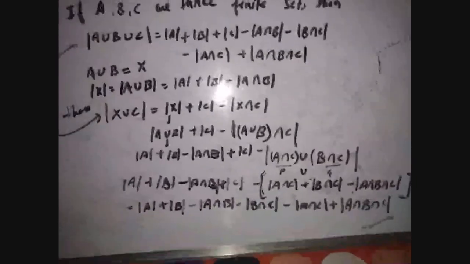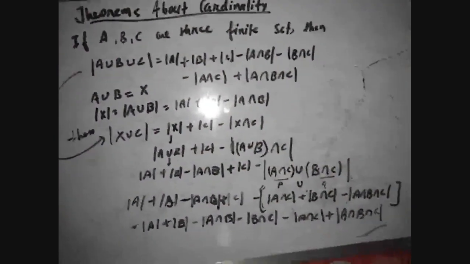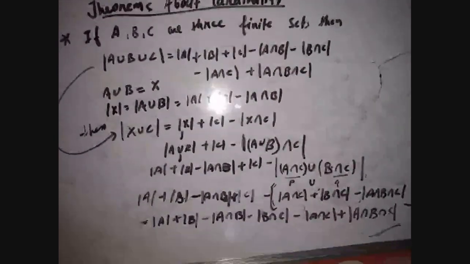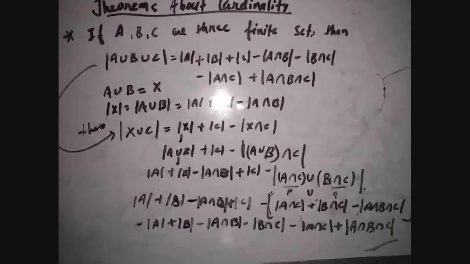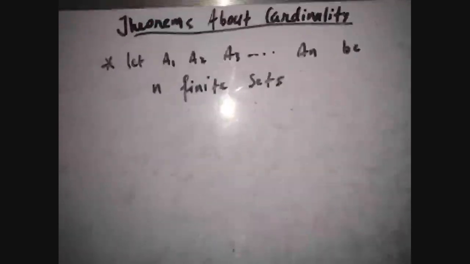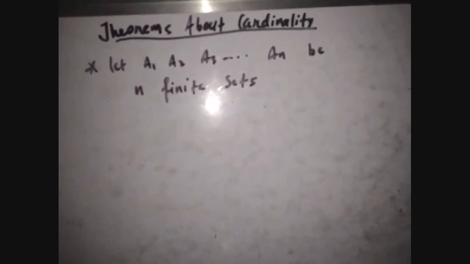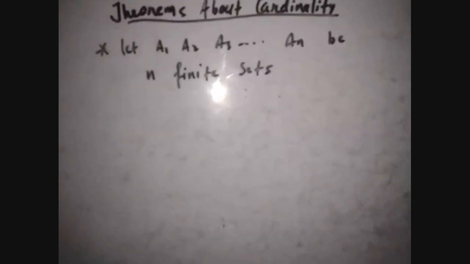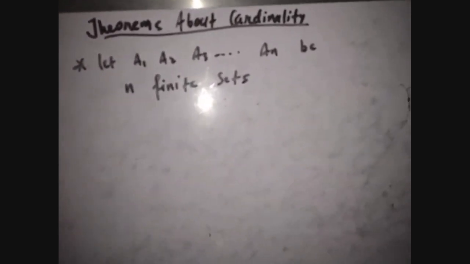By the same means we will prove the cardinality of n sets, see what we get, and generalize this formula. Now we shall prove for n sets. Let there be n finite sets, a1, a2, a3 up to an.